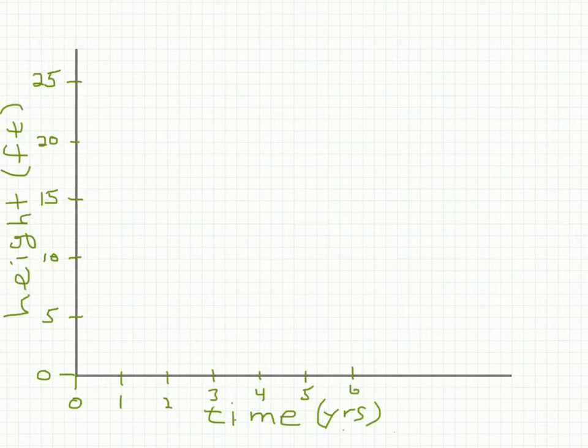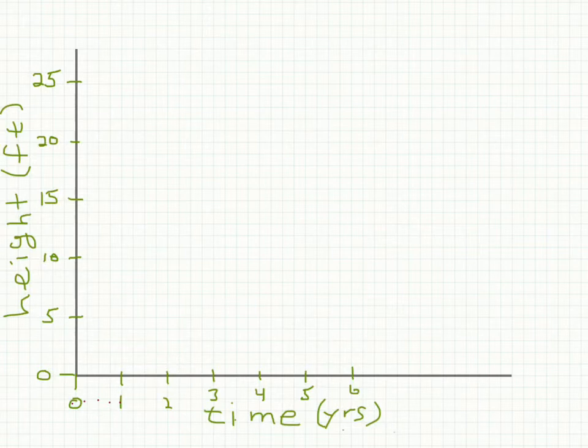Okay, so you can see down here on the time axis, right over here we have 0. And you'll notice that there are 1, 2, 3, 4 lines before I actually mark off the value 1 year.